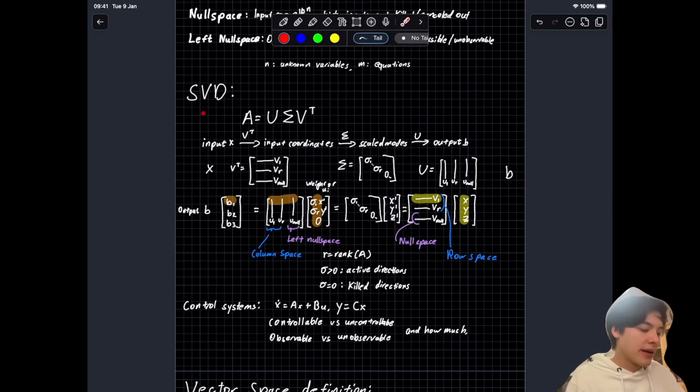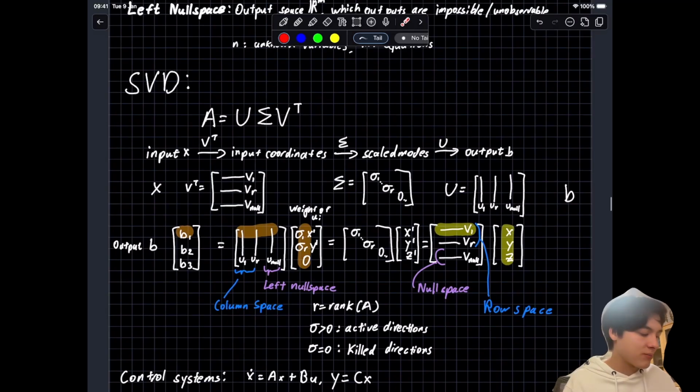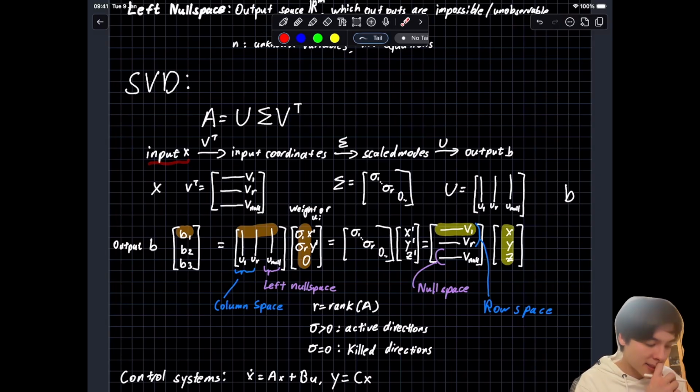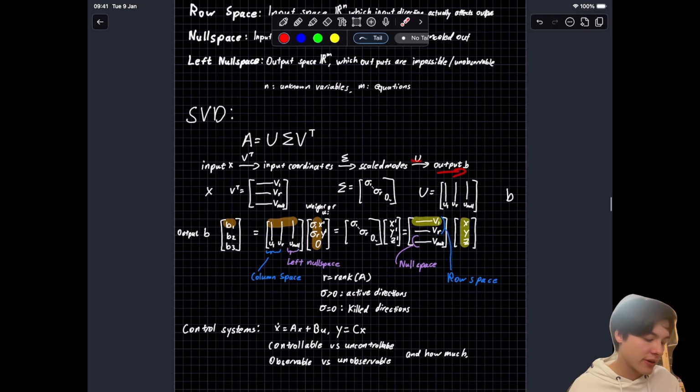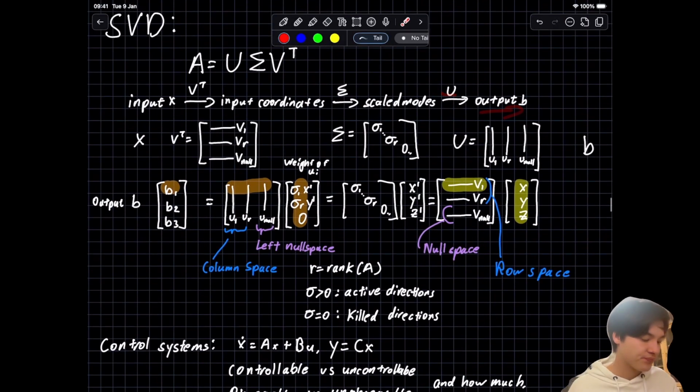So let's look at what SVD did, because there we can see it, it's a good example, or it exactly describes this. So we have our input x, V transpose gives us the input coordinates, and then we scale the modes, and then U would give it into our output coordinates, b.